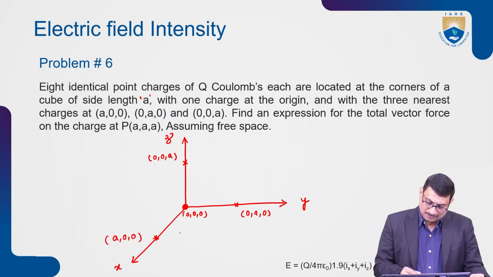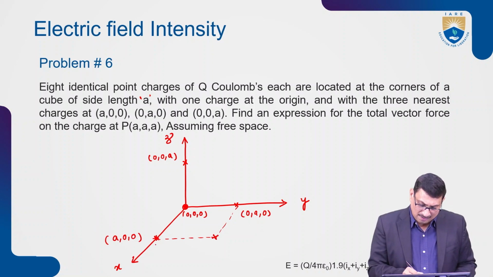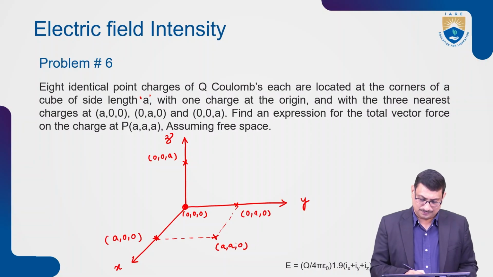Now, if I combine these two together, if I draw the perpendiculars from the x and y axes, the point of intersection is on the z equals 0 plane, where the x coordinate is a meters, the y coordinate is also a meters, and z is equal to 0.